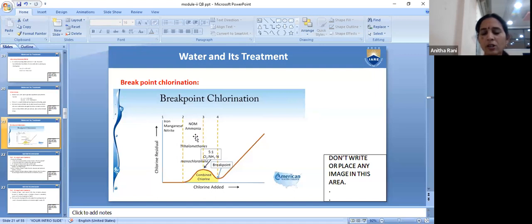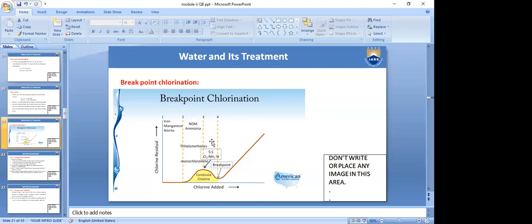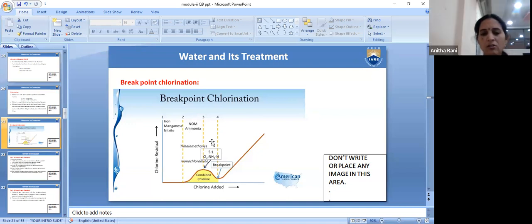When we add 2 grams of chlorine, it will react with ammonia, forming chloramines. When we add 3 grams of chlorine, it will produce hypochlorous acid, and it will destroy all the bacteria present in water. When you add 4 grams of chlorine, it is called residual chlorine. It is excess chlorine present in water. So no need for excess chlorine here because we get a bad taste and odor. So this you have to write under breakpoint chlorination.